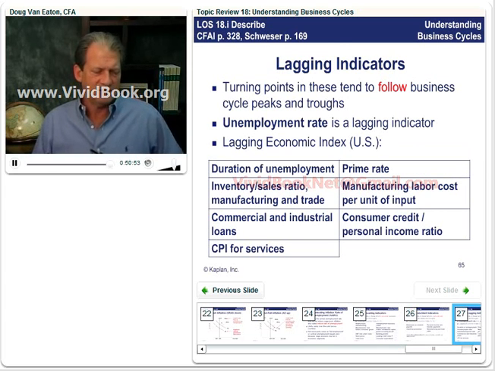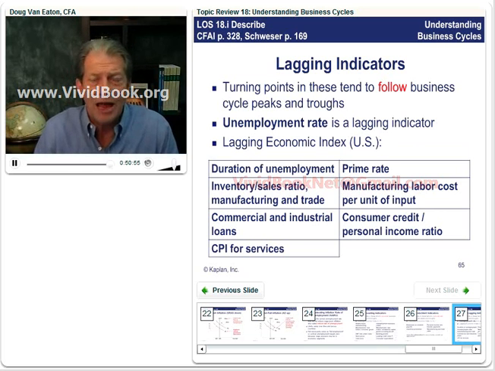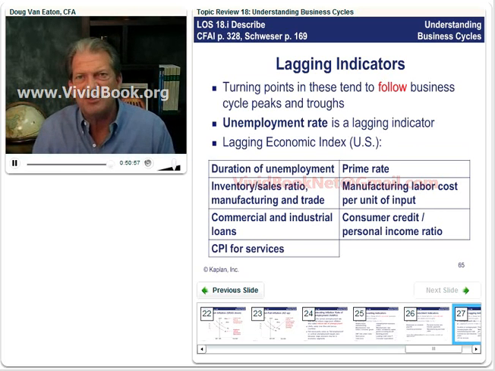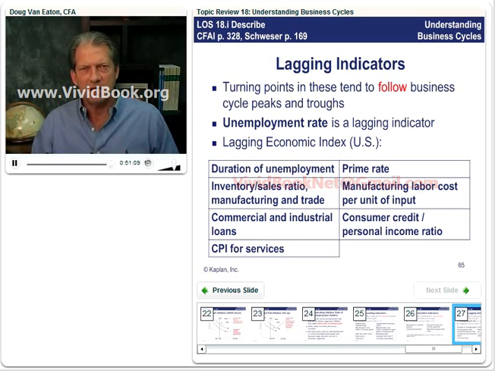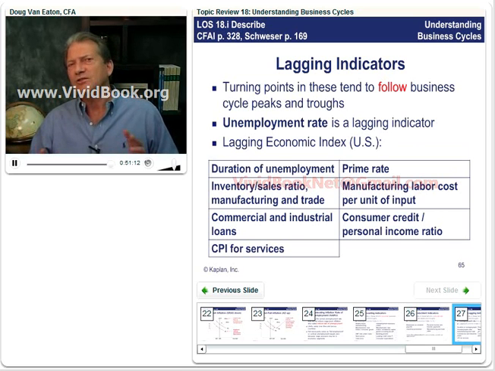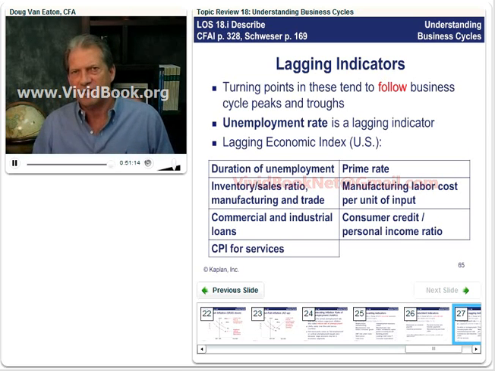Lagging indicators, the peaks and troughs in these are after the peaks and troughs in the business cycle. The unemployment rate is a lagging indicator. So the economy starts to get better, and 6 months later, I'm just making that up for the lag, 6 months later, the unemployment rate starts to go down.